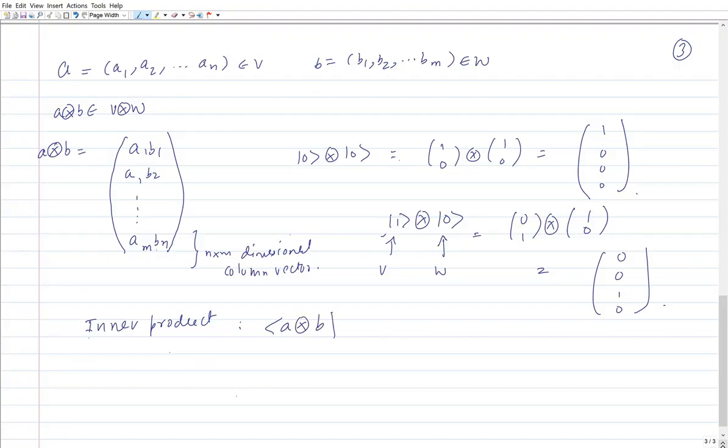I have an inner product of two vectors belonging to V tensor W vector space. The inner product is just the product of these two complex numbers, where A and C both belong to V, and B and D both belong to W.